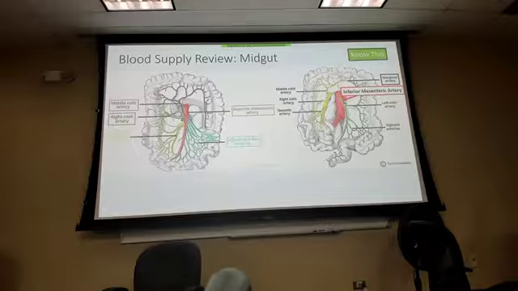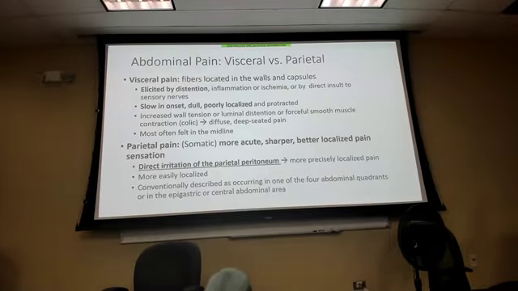Sorry, I really didn't need coffee. But most of it, I just want you to know, if we're talking about the ileocolic, the small intestines, or the sigmoid colon, think about the major arterial blood supply.